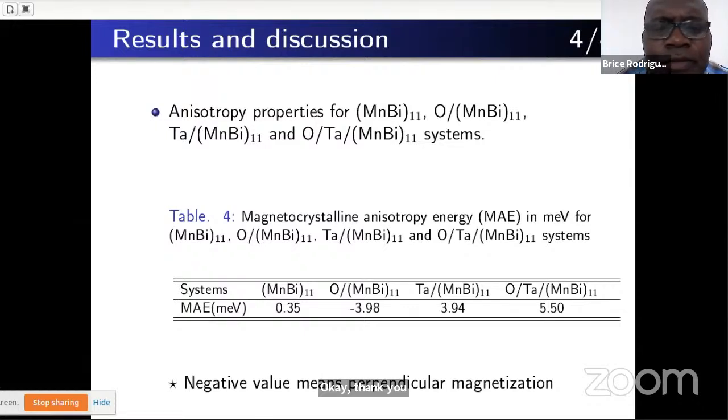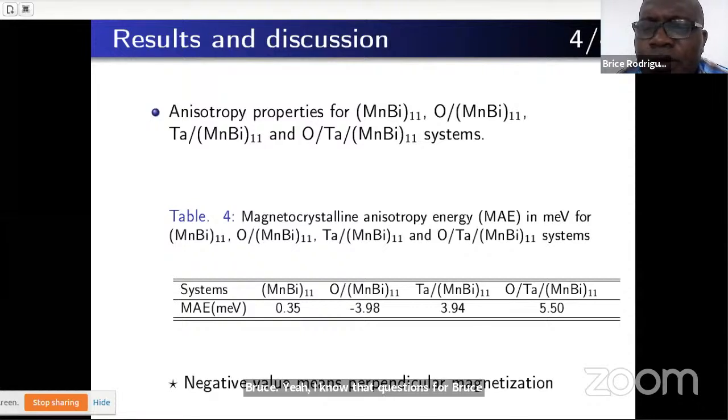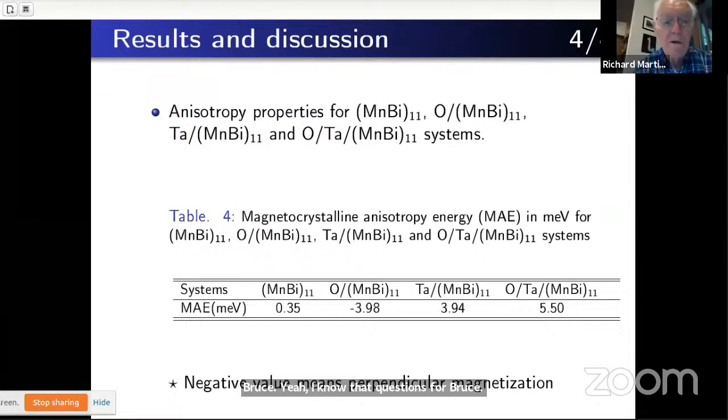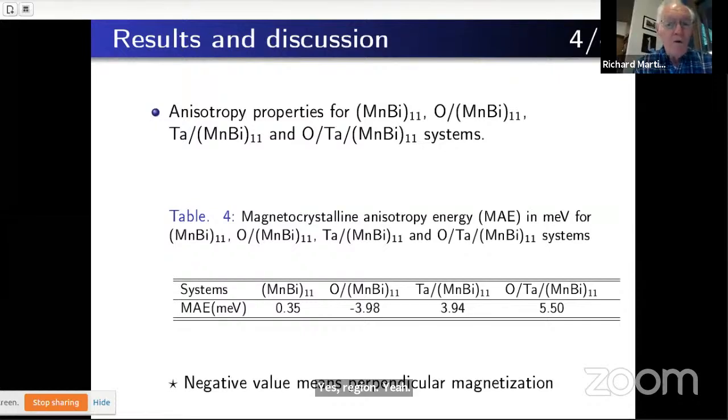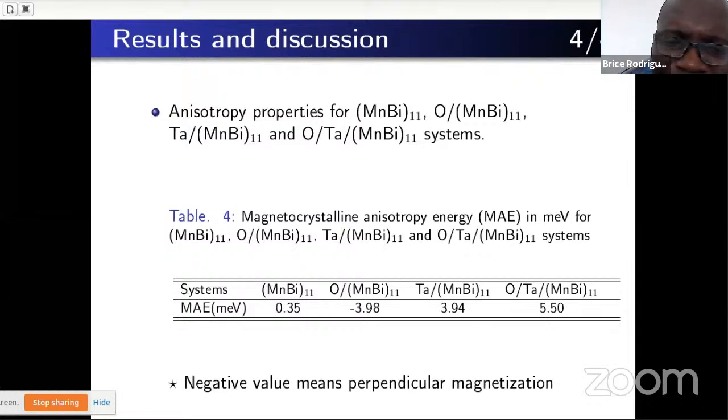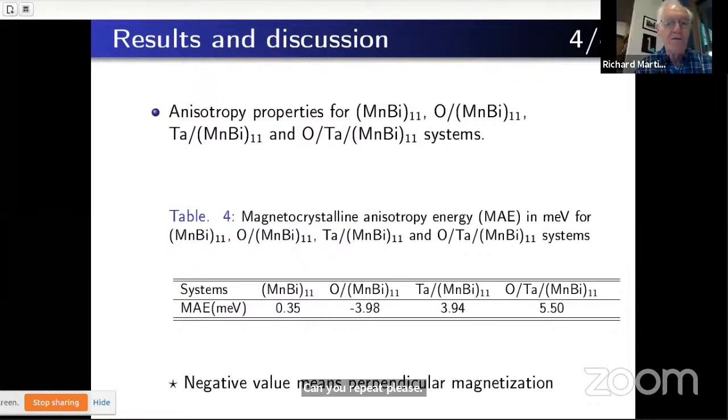Any other questions for Brice? I have a question. Yes, Richard. Brice, about the force theorem, that makes the calculations much faster. Is that correct? Can you repeat, please? Does the force theorem make the calculations much faster?